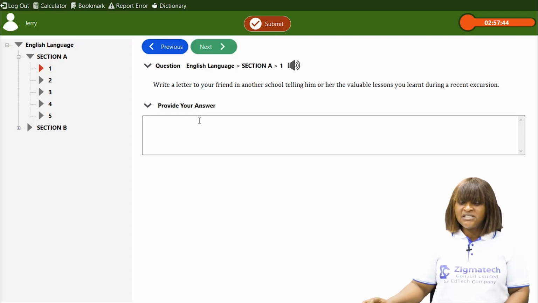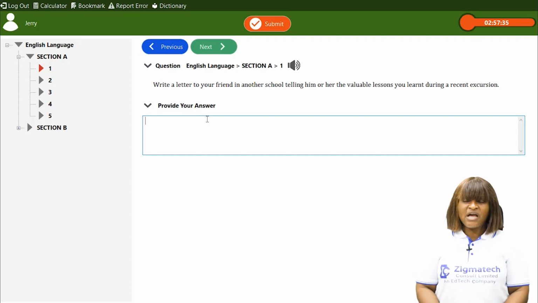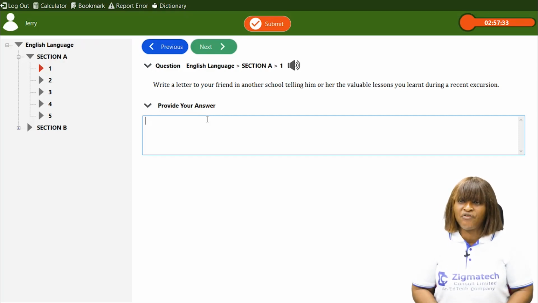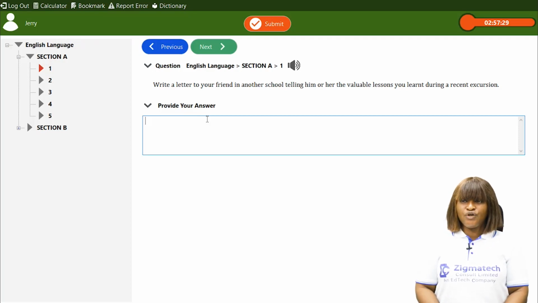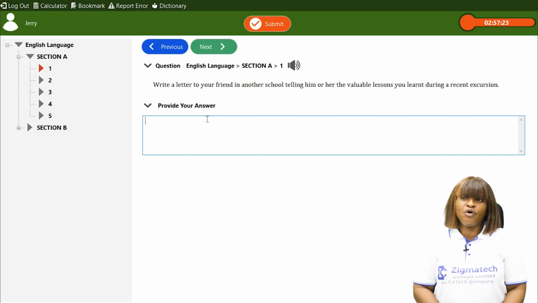So if I'm starting this letter, I will definitely start off with my address. I will assume, since I've not been given where my friend is staying, because sometimes in an exam they will tell you, write to your friend who is in another state. All right, write to your friend who is in another state. So once they ask you to write to a friend who is in another state, it simply tells you one thing, that in your address, your own state has to be there. But where you are not asked to write to your friend, there was no restriction on where the person is.